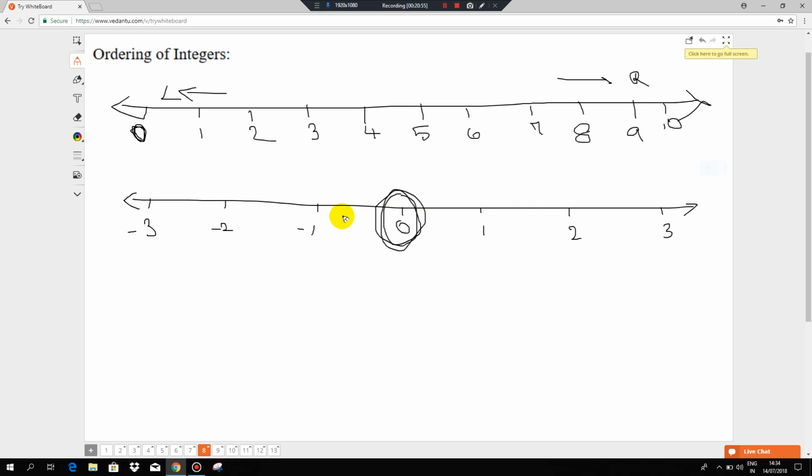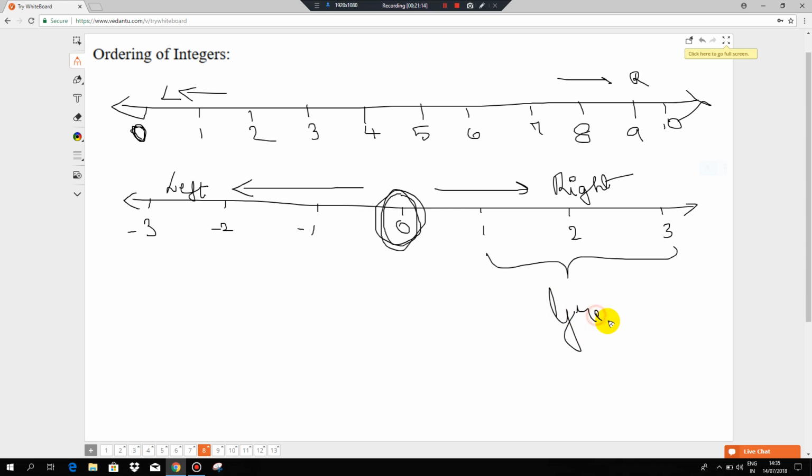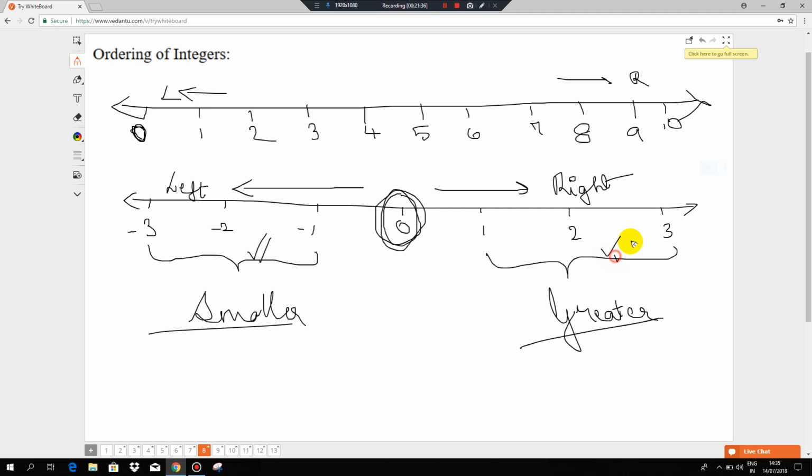Smaller than 0 is on the left, greater than 0 on the right. Numbers with a minus sign are smaller. We already know that 0 is greater than smaller numbers and smaller than greater ones.